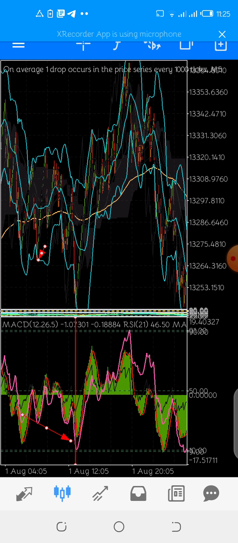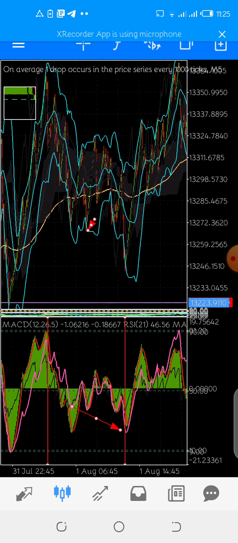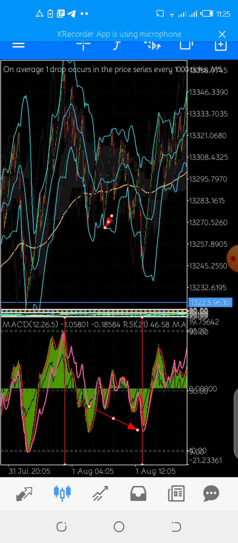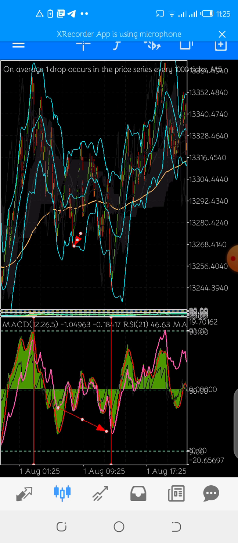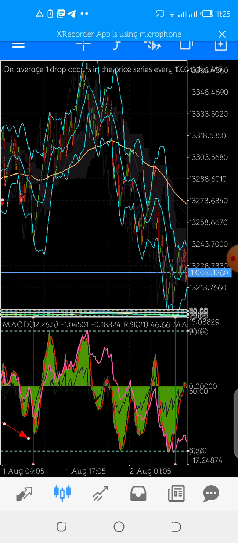Do you see that it had touched? As much as the MACD was not touching, the 5-minute time frame, the M5, was touching. Okay, so of course when you bring it forward, it will be somewhere along the midway, but yes, it was touching. As in at that time it had stretched like this and it was touching.